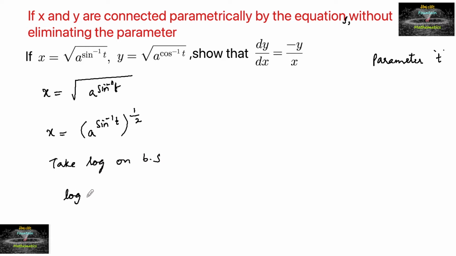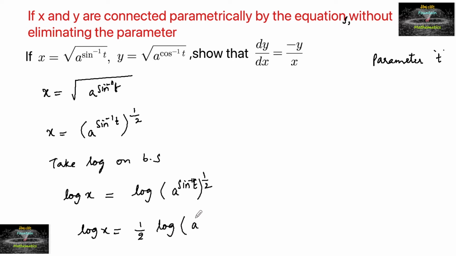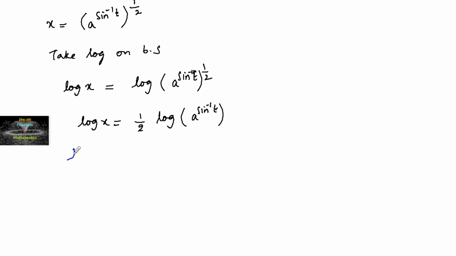So we have log x is equal to log of a to the power of sine inverse t, whole to the power of 1 by 2, or we can also write it as log x is equal to 1 by 2 times log of a to the power of sine inverse t. Further, we can write it as log x is equal to 1 by 2 sine inverse t into log a.